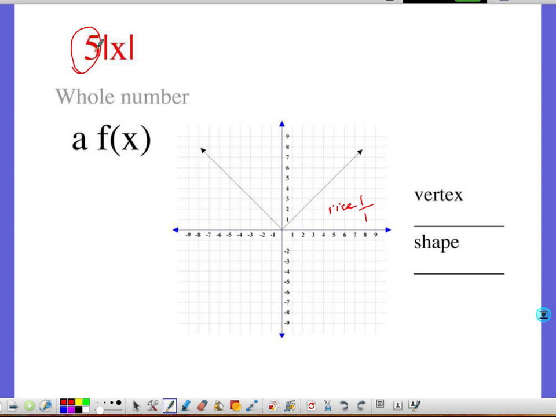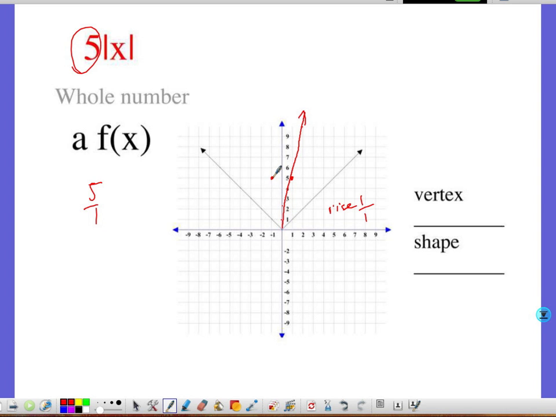So if I wanted to graph 5 times the absolute value of x, that means that my slope is going to be 5 over 1. So if I rise 5, 1, 2, 3, 4, 5, and I run over 1, here's my new point. When I connect those dots, there is my new graph.